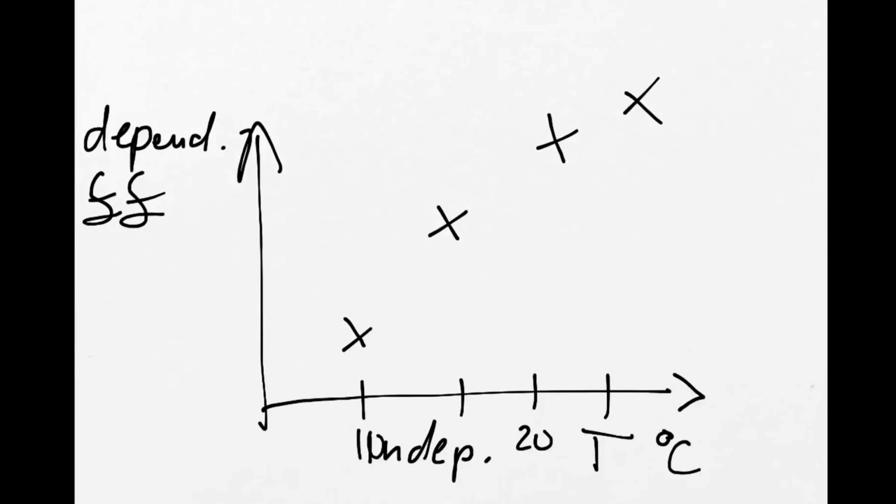Sale and temperature are directly, positively correlated with each other. There's a positive correlation. And positive correlation in this case means the hotter it is, the more we sell. Yeah? That's a positive correlation.